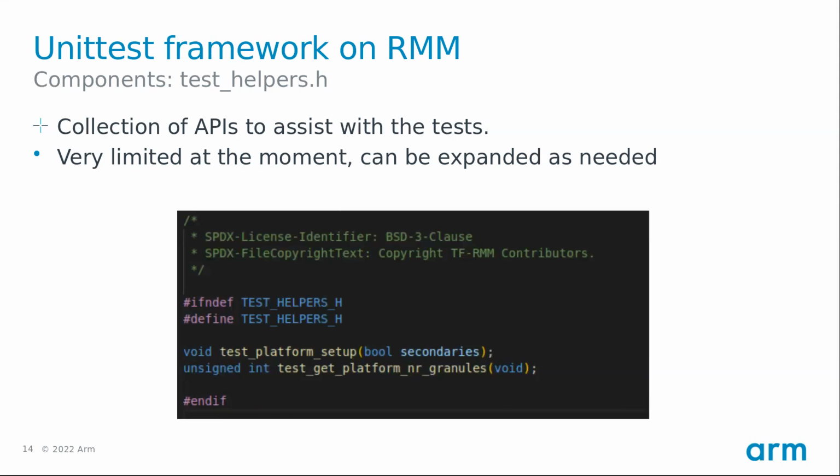And we also have another API, which returns the number of granules supported by the fake host, because this is an API that is not available on TF-RMM because the MCP platform doesn't use it. So it is very limited, but we can add extra functionality to this API as long as we need it.